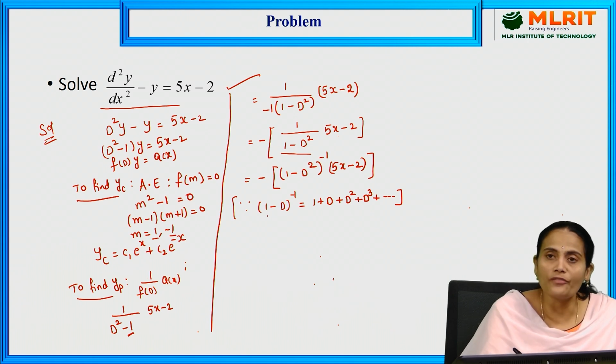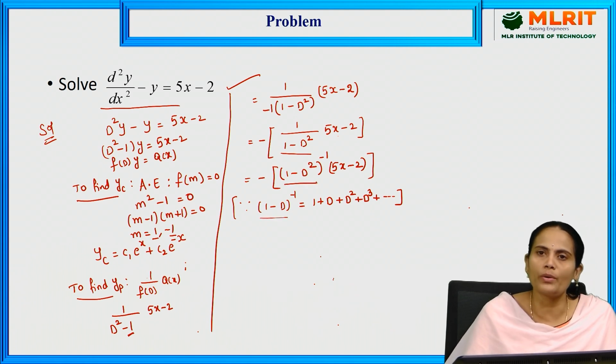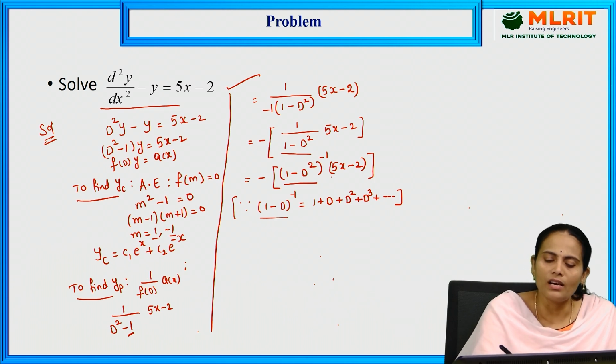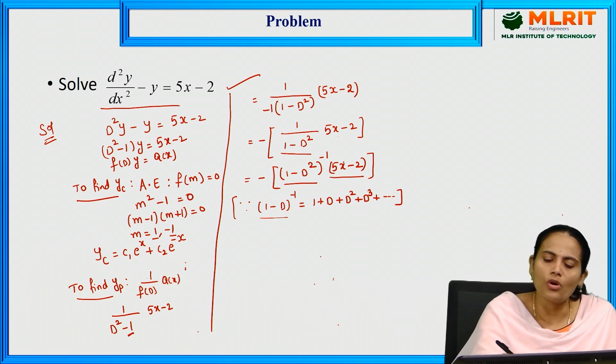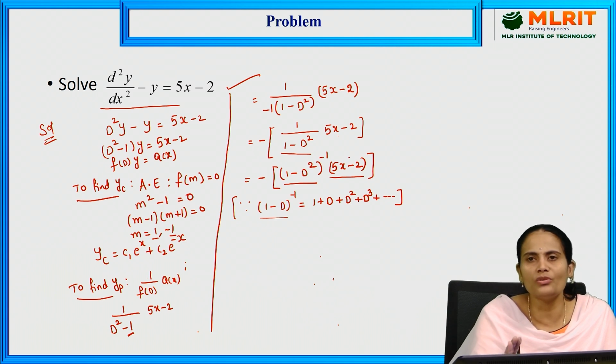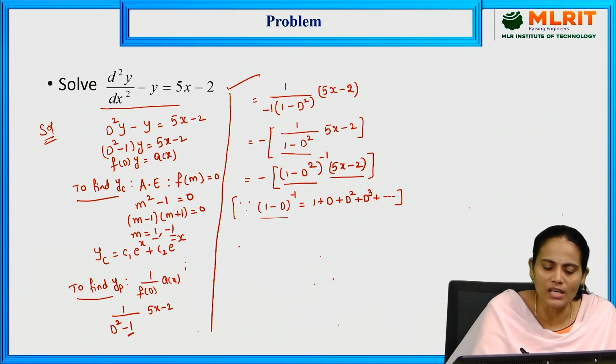And now you have to apply the same formula on (1 minus D square) whole power minus 1. And here we have Q of x is 5x minus 2. The power of x is 1, so you have to take up to the D term. But here there is no D term. But first we have to write the whole expansion.